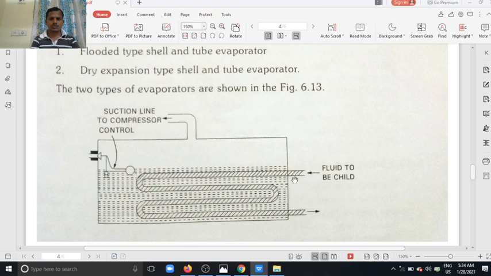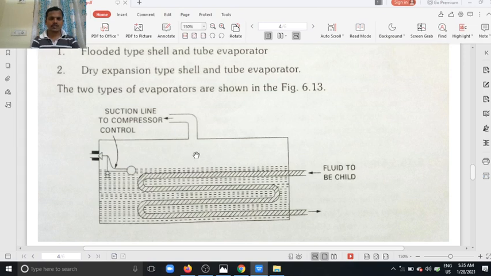The fluid to be chilled enters this way and rejects its heat to the refrigerant. Here the refrigerant is at low temperature compared to the chilled liquid. The refrigerant absorbs the heat from the chilled liquid and changes its phase.